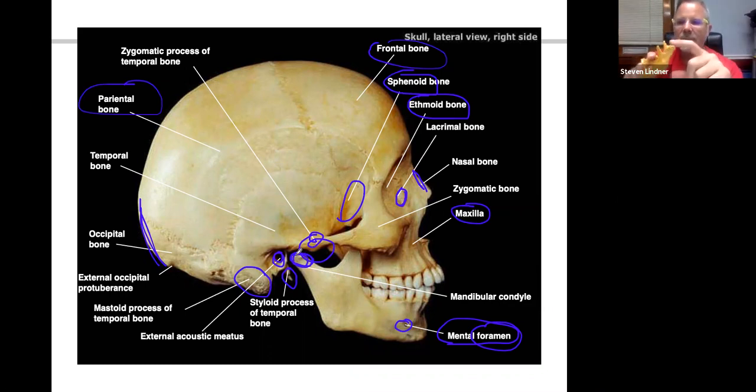And this is called the coronoid process, not to be confused with the coracoid process. Mandibular condyle, coronoid process. The hole here and here, mental foramen.